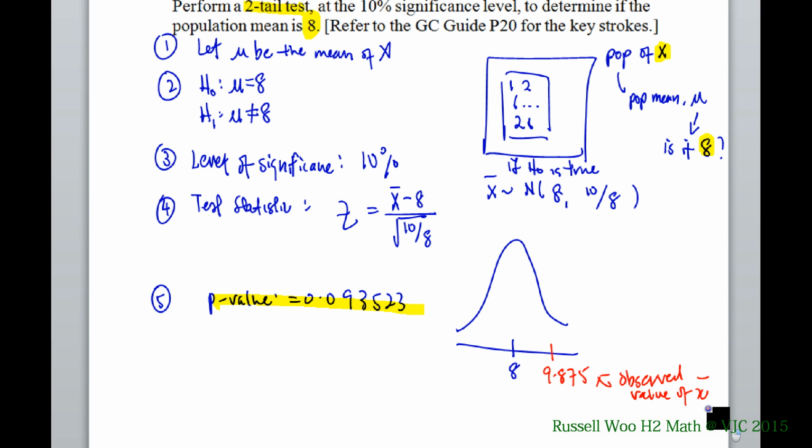The p-value is the probability of obtaining a sample mean as extreme as 9.875, which is what you observe. In a two-tailed test, when we say as extreme, we include the two areas here. Both sides. Two-sided.